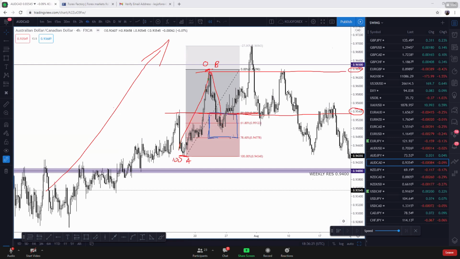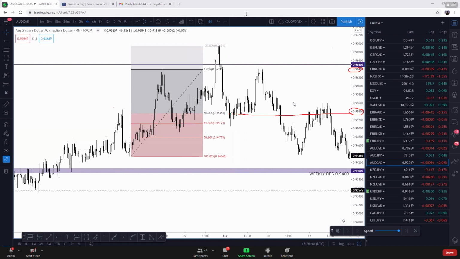I start to think of a pushback on the upside, right? So once we cross that 50% barrier, then I start looking closely in the market. But how do you identify if the market is rejecting on the 50%, on the 61, or on the 78, right? You have to start observing price action.